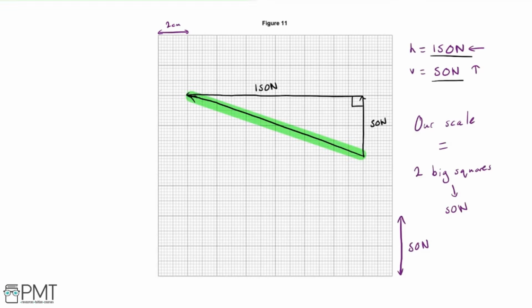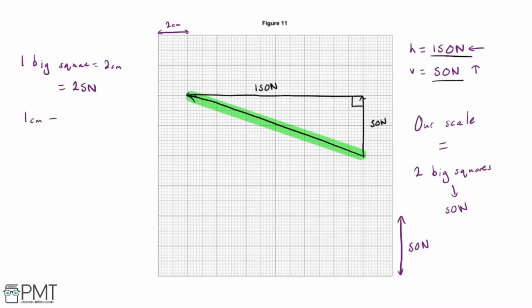So if we're saying that 2 centimeters is 1 big square, and we've already said that 2 big squares is worth 50 newtons, then 1 big square equals 2 centimeters, and that would be half of 50 newtons, so 25 newtons for our scale at least.